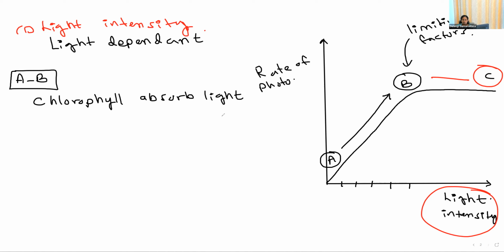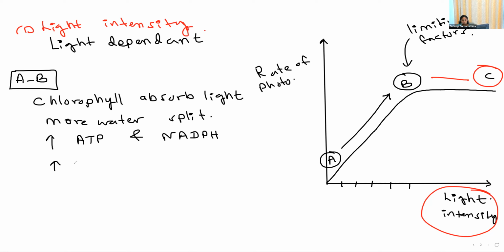So that means we have a lot of light available to split more water. So this creates more ATP and NADPH. So this energy can be used to produce more glucose, right? That's what I wrote down earlier. Exactly the same thing I'm rewriting.